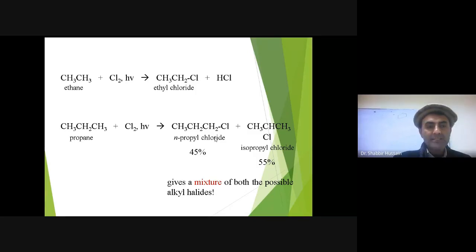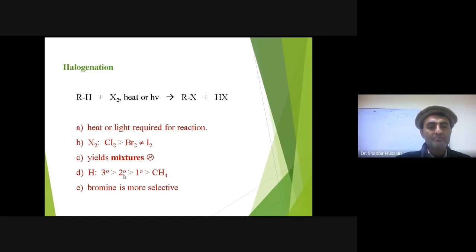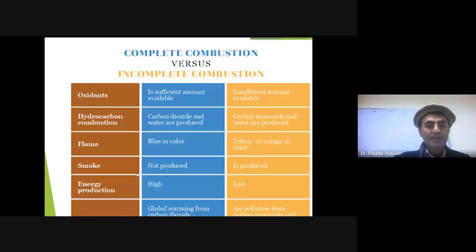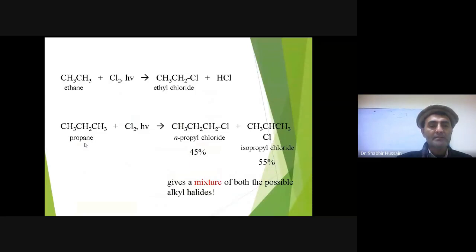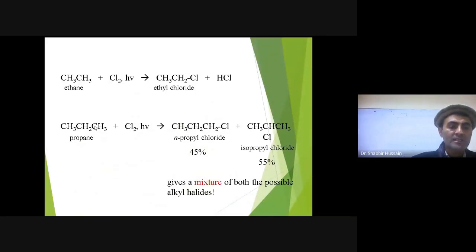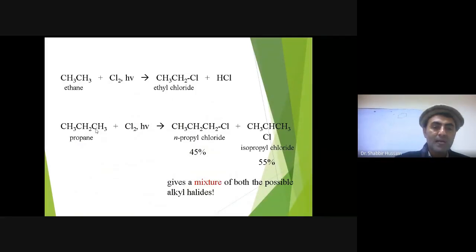We have already discussed in our lecture that secondary hydrogen is more reactive than primary hydrogen, right? Therefore, you see here, there are two types of hydrogen. This is primary hydrogen, this is primary hydrogen, while the hydrogen attached with the central carbon is secondary hydrogen. So secondary hydrogen is more reactive than primary hydrogen.